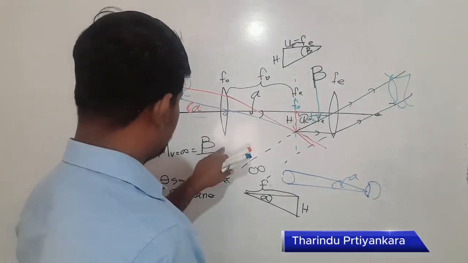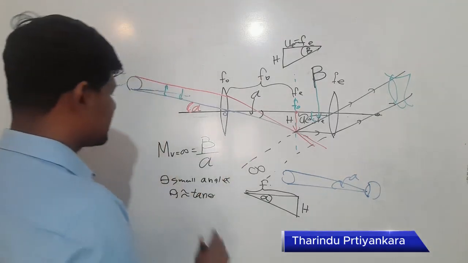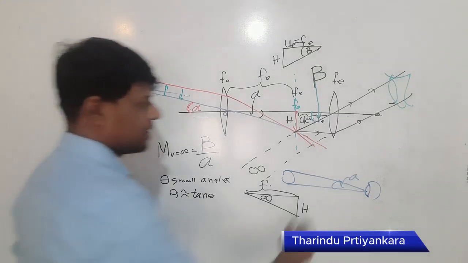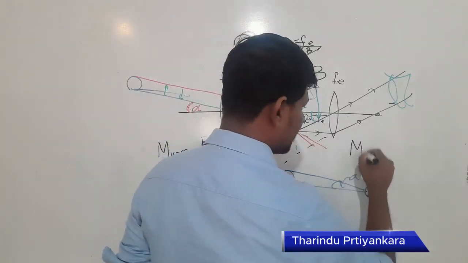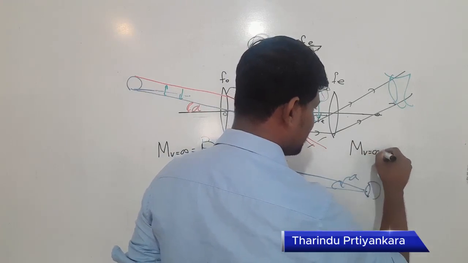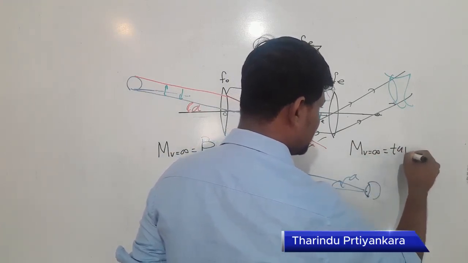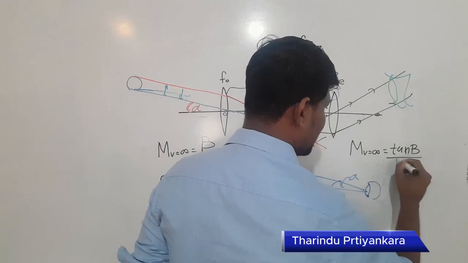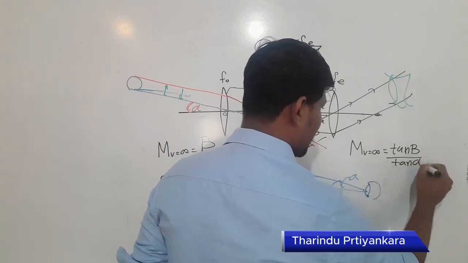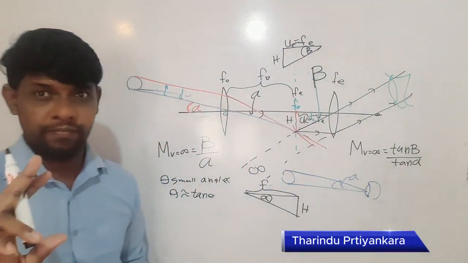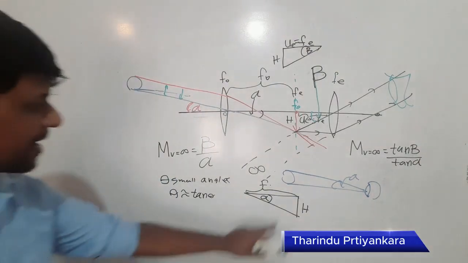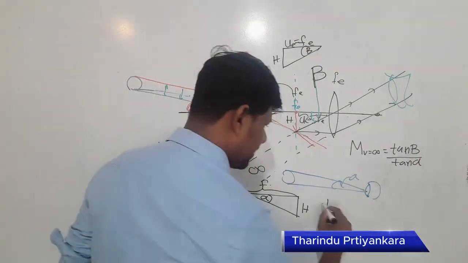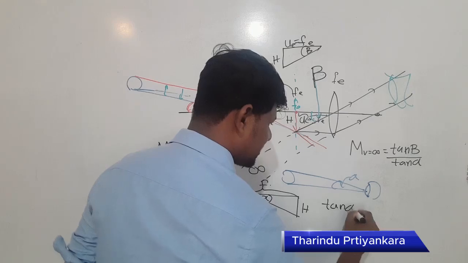I can rewrite this equation in the form of what? Magnification of the final image at infinity is equal to tan beta over tan alpha. Very simple. Right. What is tan alpha from here? Tan alpha is the opposite side over the adjacent side.